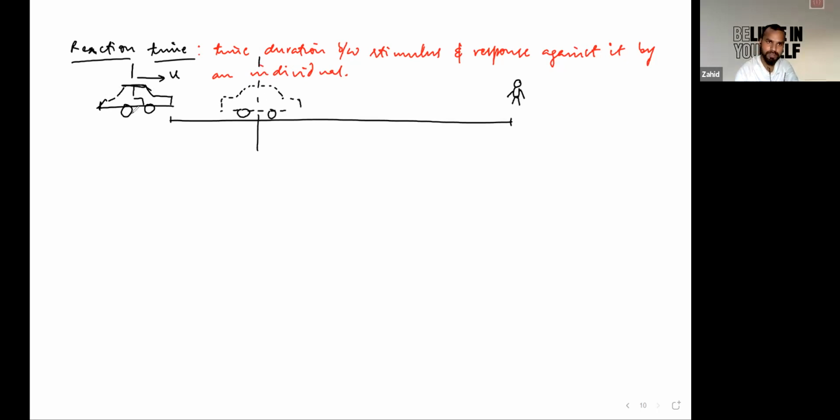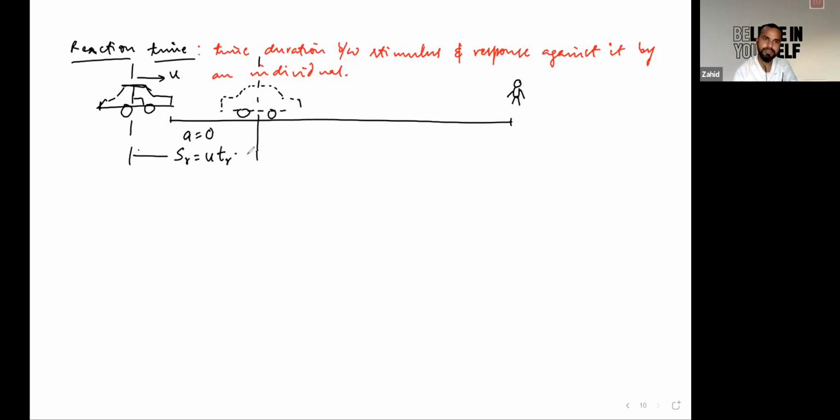So the total distance traveled from this point to this point, S_R, is equal to U times T_R, as during this particular interval there will be no acceleration or deceleration in the car. So A would be 0.